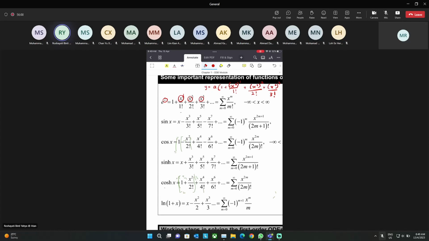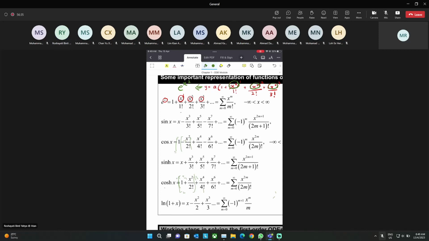So in this case, your x becomes x squared, so that your answer can be represented as exponential of x squared. Any idea? X squared. Yes, it becomes x squared.